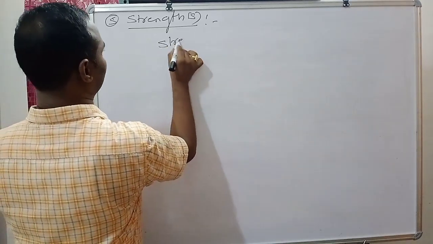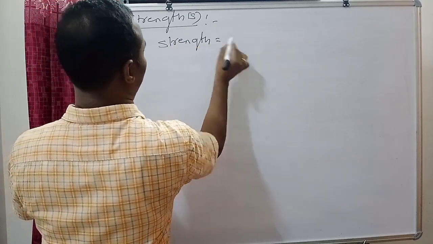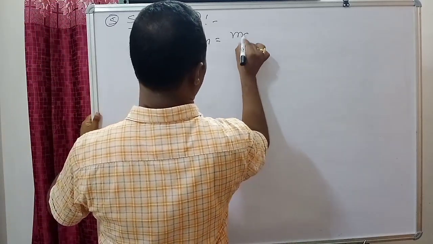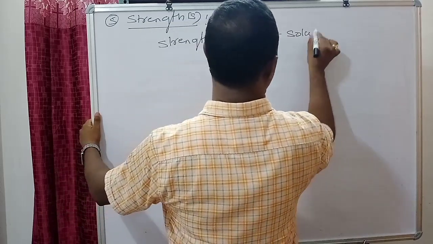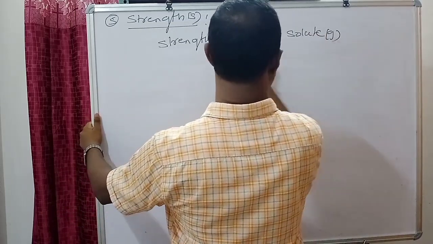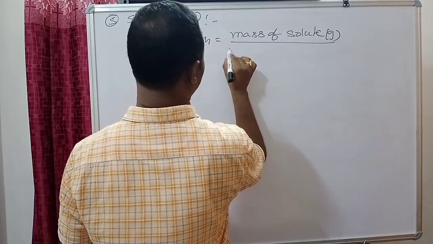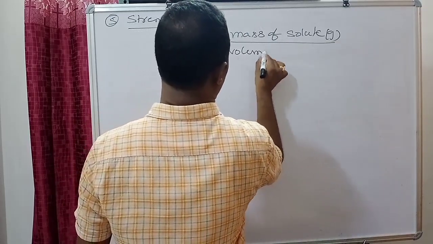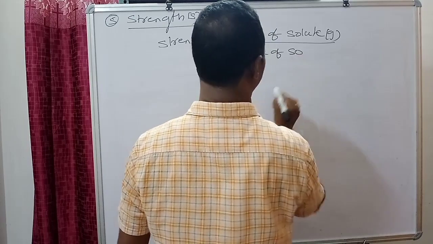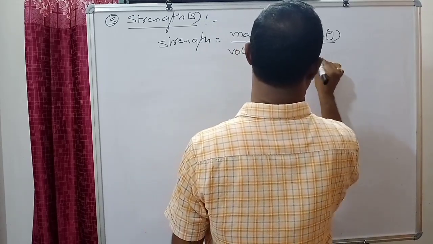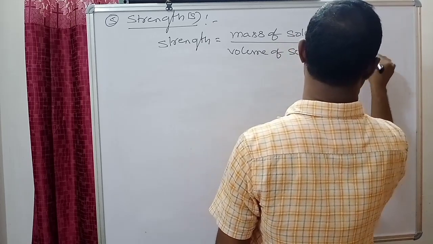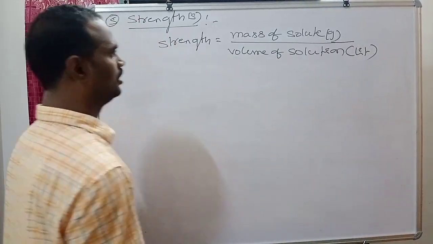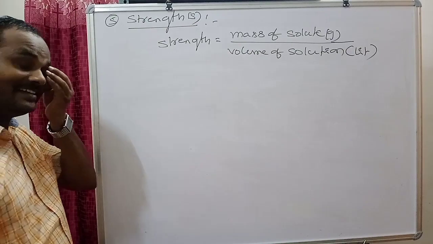Strength is equal to mass of solute in grams by volume of solution in liters.